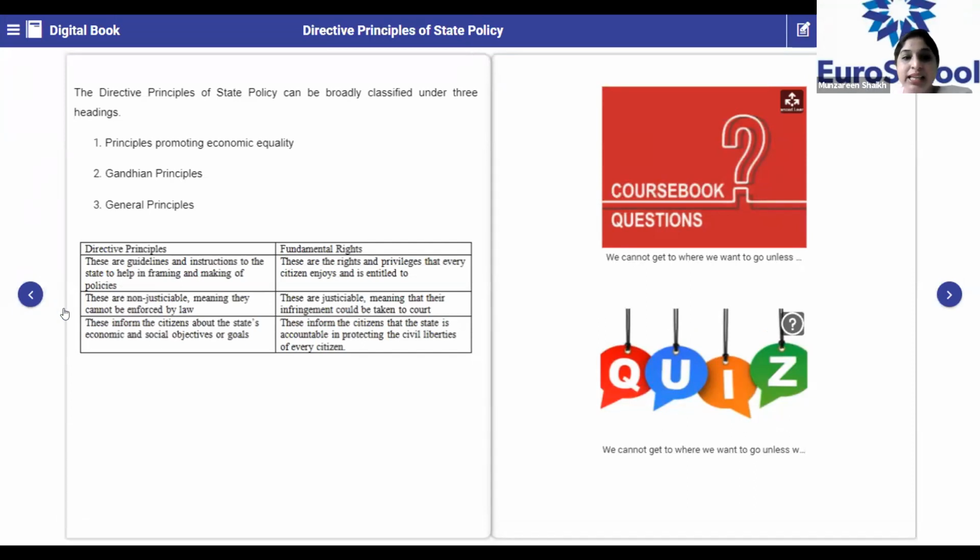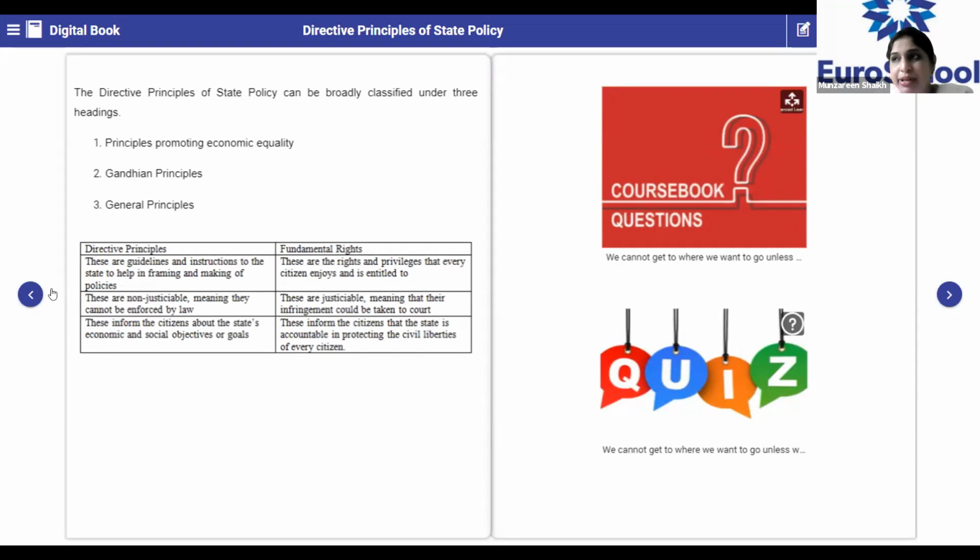Next point. These are non-justiciable, meaning they cannot be enforced by law, as we had studied in the previous class. If anybody is violating or not following the directive principles, then that violation is not punishable. It cannot be enforced by the law.